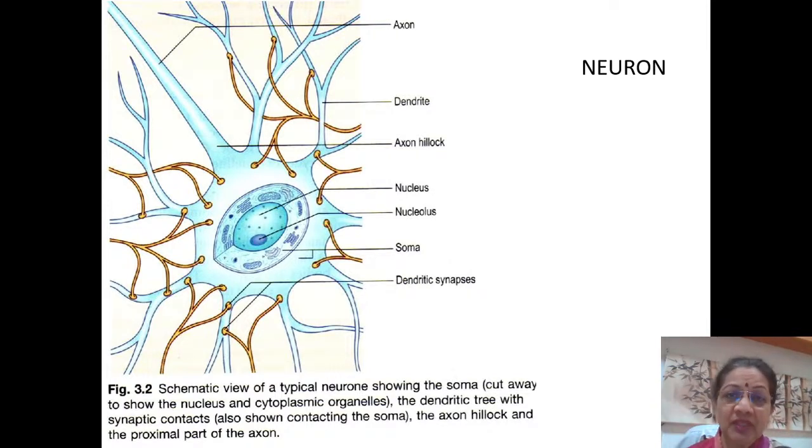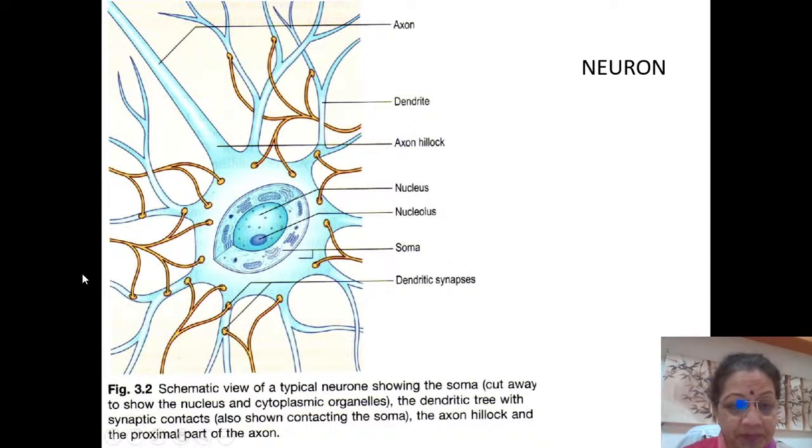If it's a muscle cell, it will contract. If it is a gland cell, it will secrete. If it is something else, it will sense, if it's a special sensory organ. So there are multiple functions which can happen with the next cell with which these dendrites have connections.